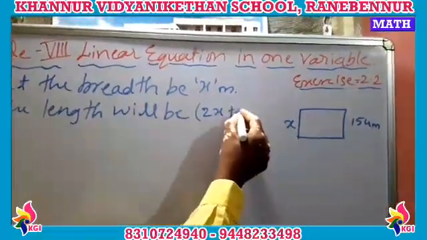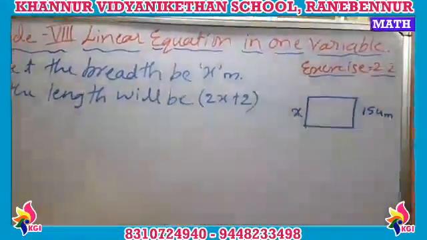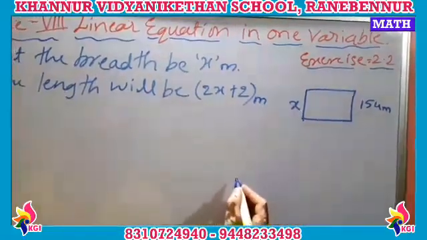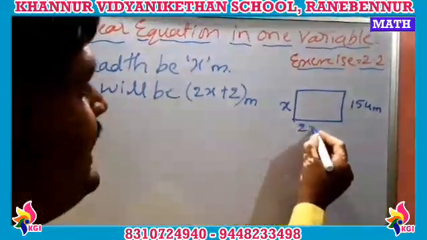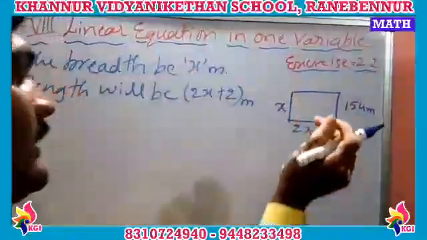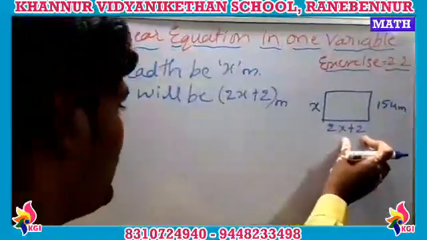Twice means 2x, and 2 more means plus 2. It is given in meters, so it is 2 meters. So now we have got breadth as x, length as 2x plus 2.